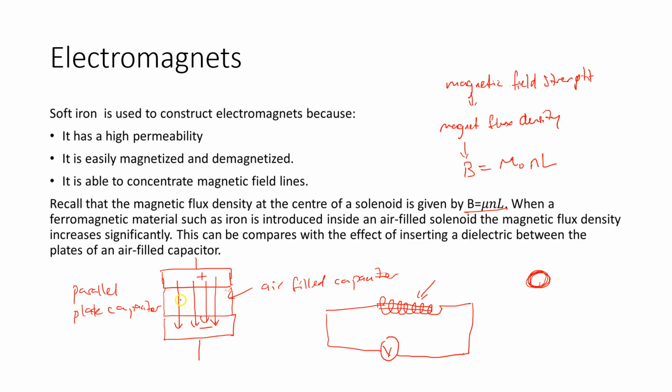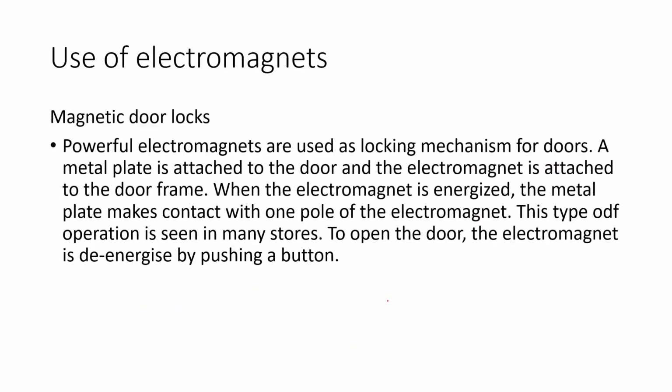So by increasing the dielectric inside here, the capacitor can store more charge for a longer period of time. It's the same thing with the solenoid. If the solenoid has a ferromagnetic inside of it, then the solenoid is going to become a much stronger electromagnet.